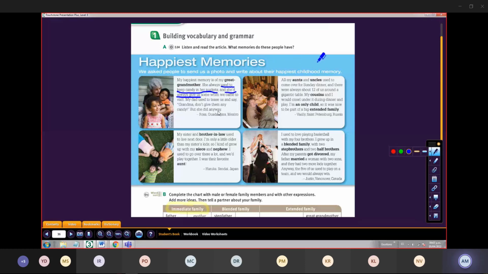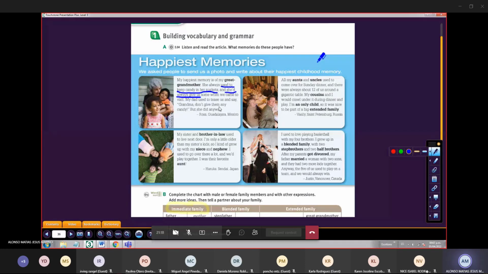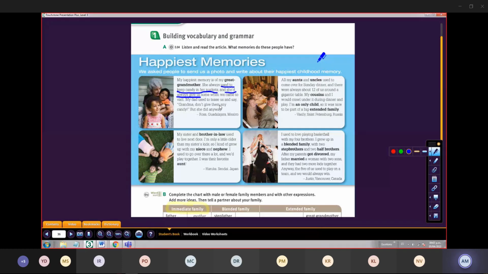That is the second. And so on. So I'm going to give you 3 or 4 minutes, so you can underline all the examples of used to and would. Okay, let's do it.